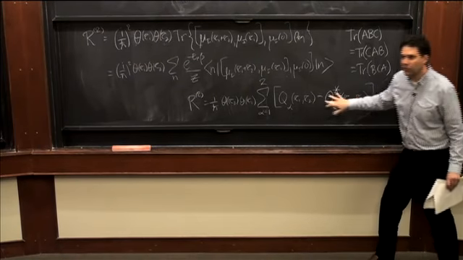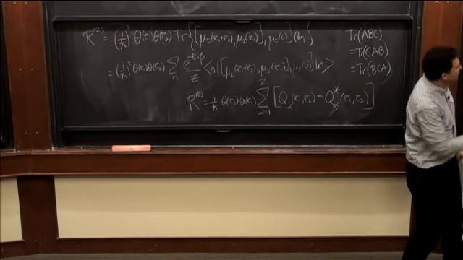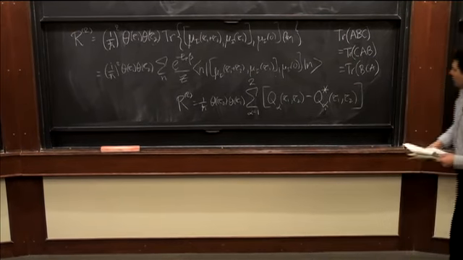And each one of these Q's is explicitly one type of correlation function of this form up here, just a time ordering of operators.